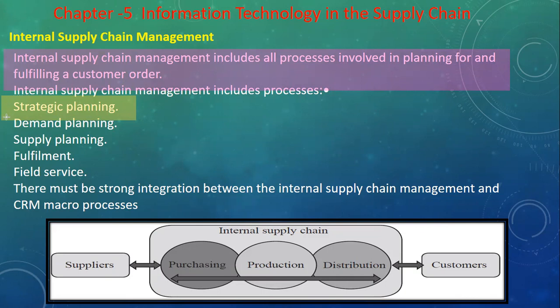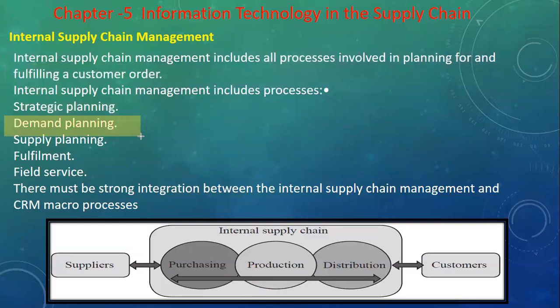Second is demand planning. In the demand planning process, you need to understand the demand of the customer. Whatever order is received from the customer, you need to plan accordingly. Just like you receive an order of 100 units.